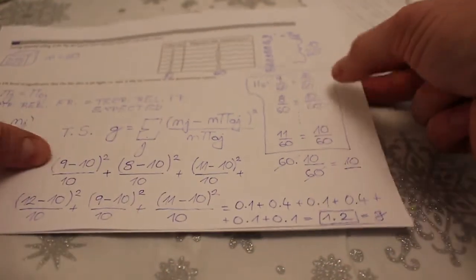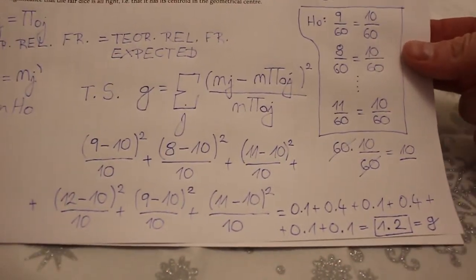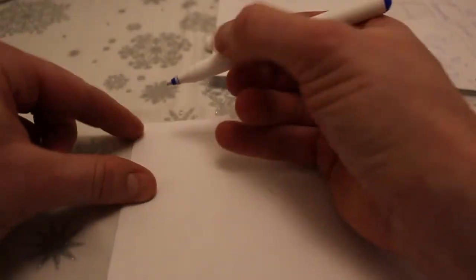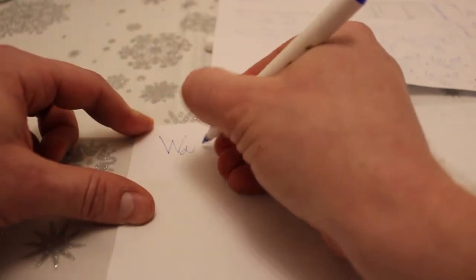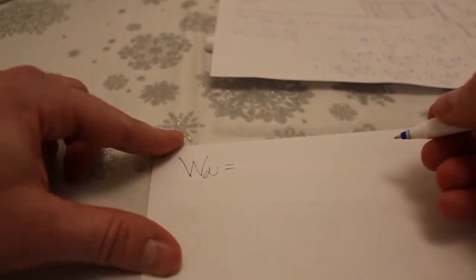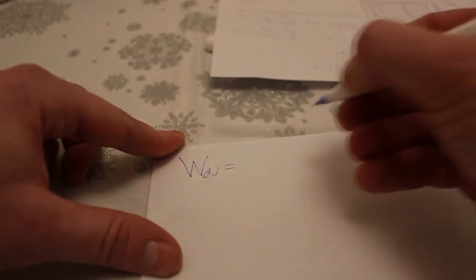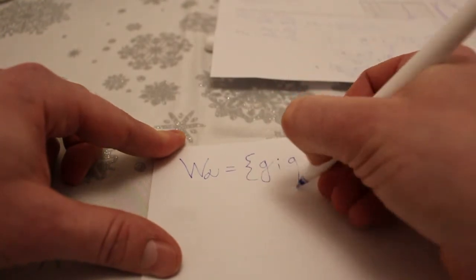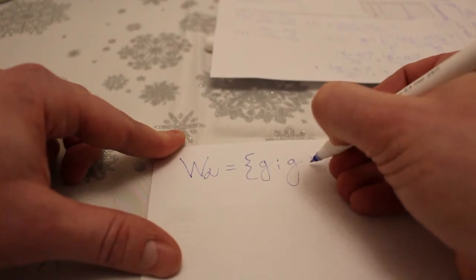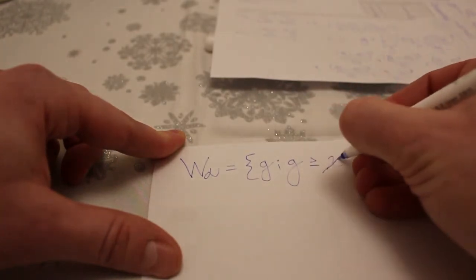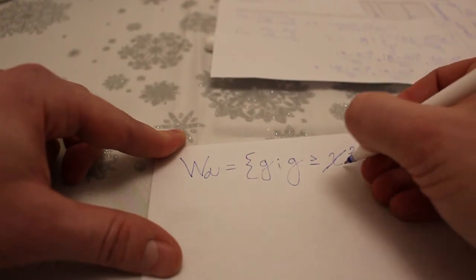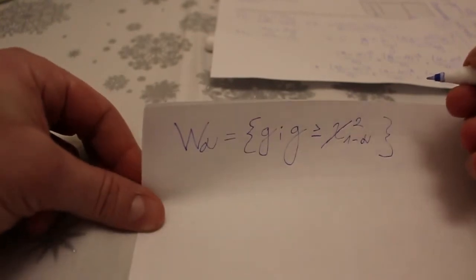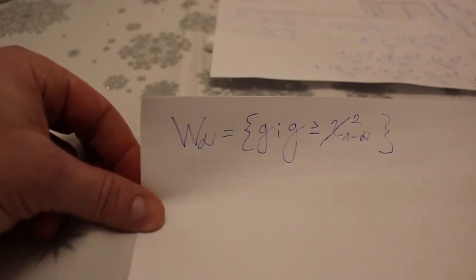Okay, now in your formulas, you can find rejection region, yes? There is only one rejection region, W alpha, and this rejection region is as follows. For the statistic G, yes, is valid. If G is higher or equal to critical quantile chi square 1 minus alpha %, we entered to the rejection region and we must reject the zero hypothesis.